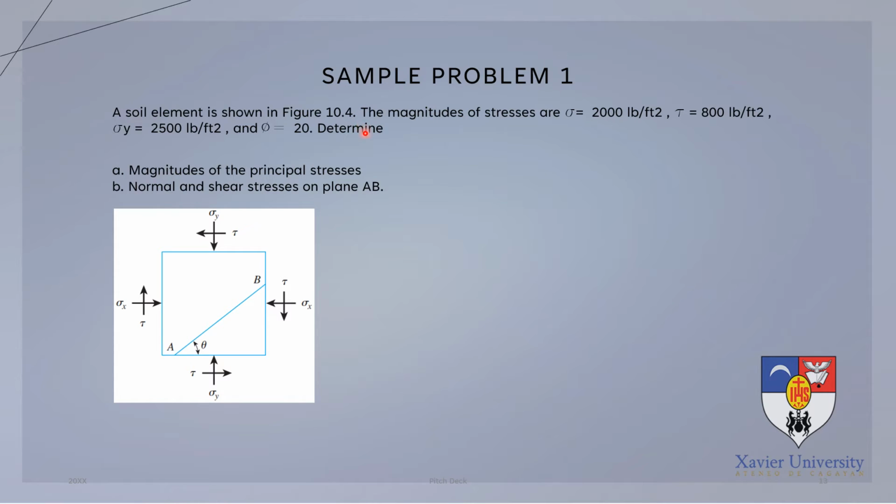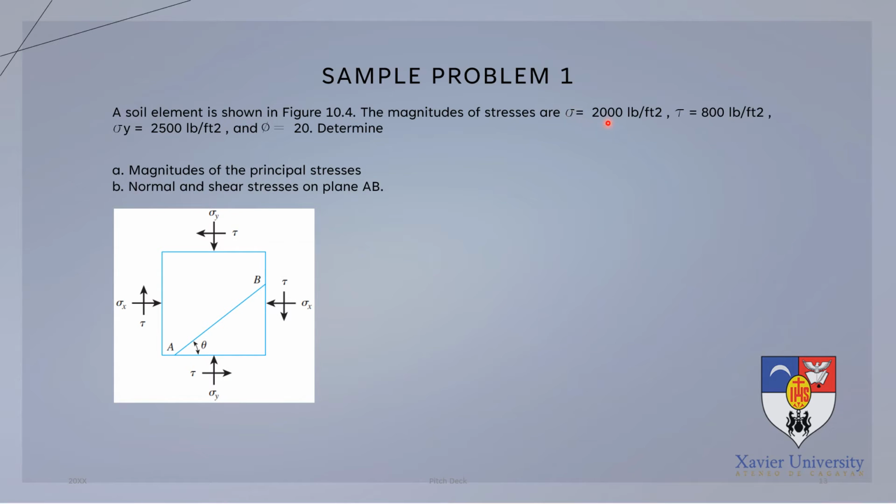We are given here our figure, and the stresses are: the normal stress equal to 2,000 pounds per square foot, our shear stress equal to 800 pounds per square foot, our sigma y equal to 2,500 pounds per square foot, and our theta equal to 20. We are asked to determine the magnitudes of the principal stresses, meaning the minor and the major principal stress, as well as the normal and the shear stresses.